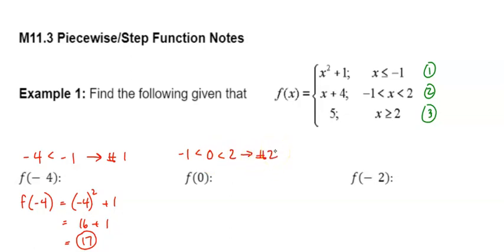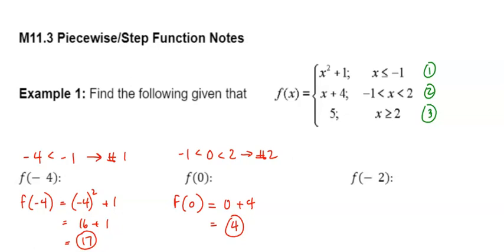So we're going to take x plus 4 and evaluate it at 0. Again, I'm going to replace the x in the second function with 0, so it becomes 0 plus 4, which equals 4. The value of my piecewise function at 0 is equal to 4.